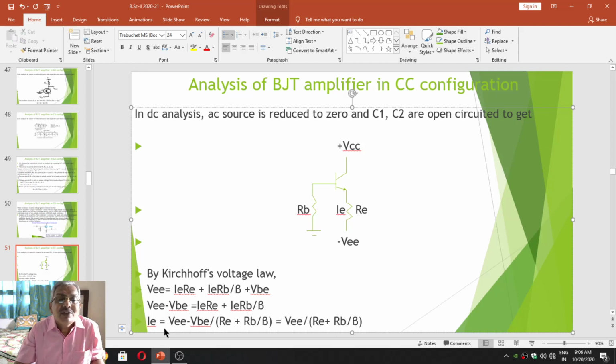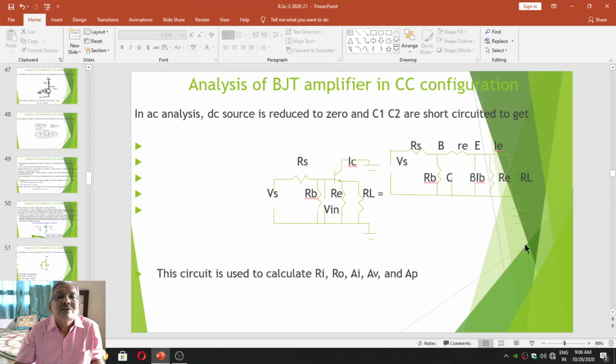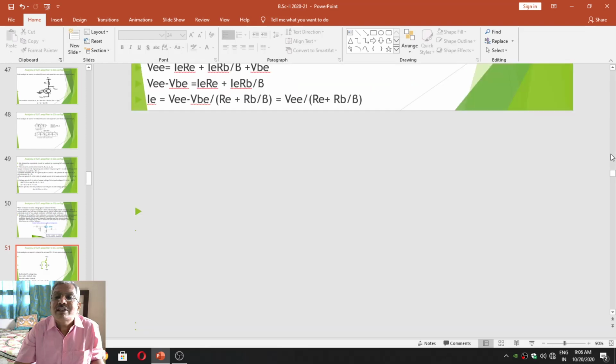This is because the value of VBE is very small, hence it is going to be neglected. So that's how we can calculate the emitter current IE.